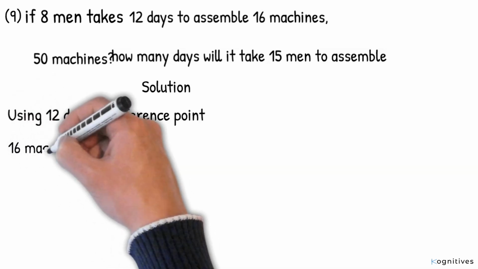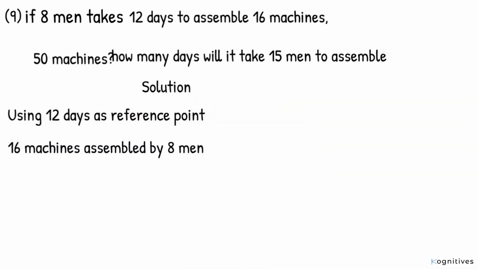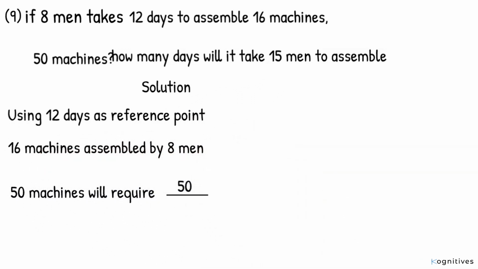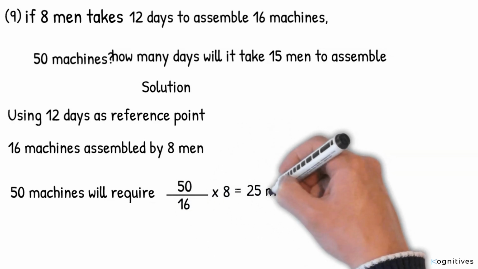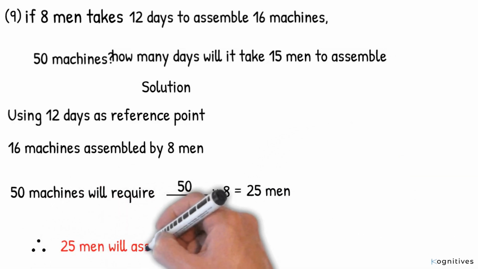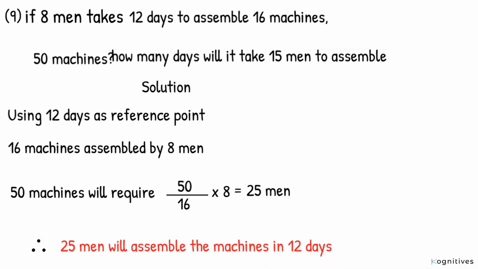Now, 16 machines were assembled by 8 men. Then 50 machines will require 50/16 times 8, which will give me 25 men. Therefore, 25 men will assemble the machines in 12 days.